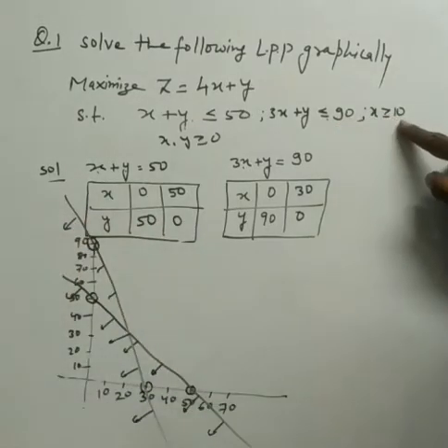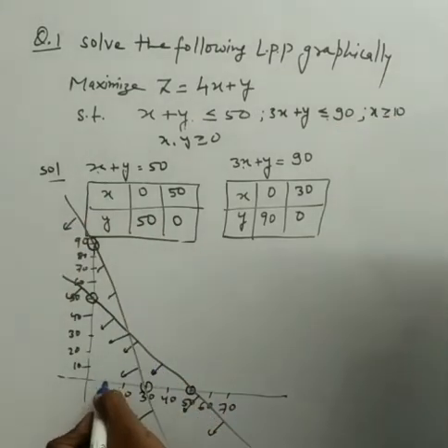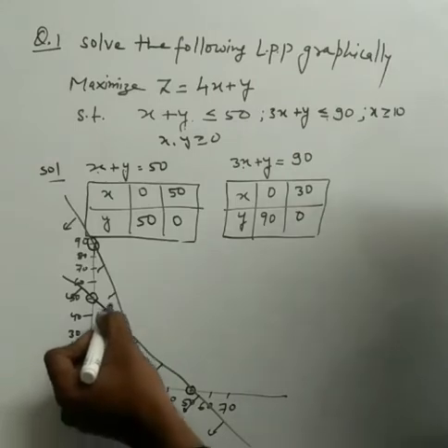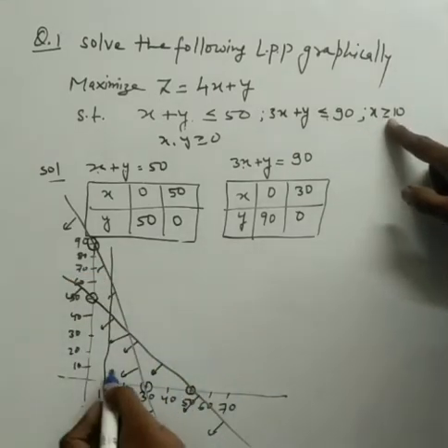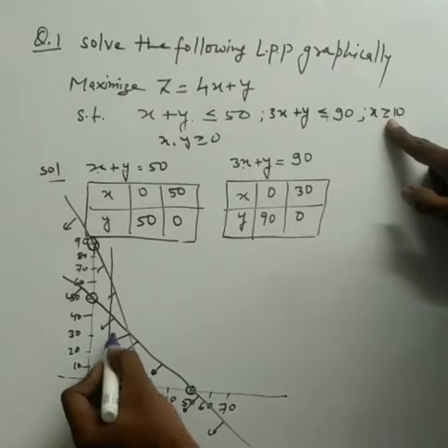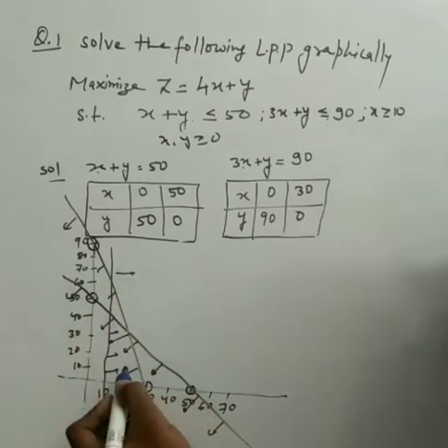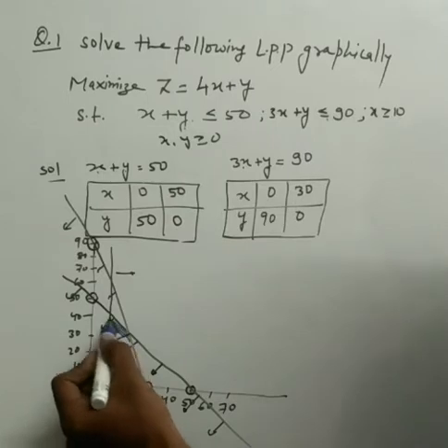Now the third line is for x equal to 10. This has the greater than sign, so the region to the right side of this. This is the common solution region.